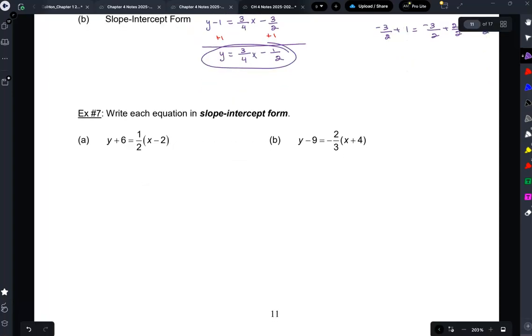Okay, so we're going to write this in slope-intercept form. I'm going to give you 30 seconds for A. Get set. Go!